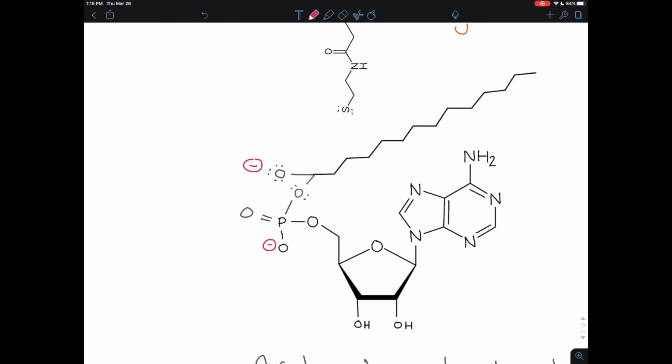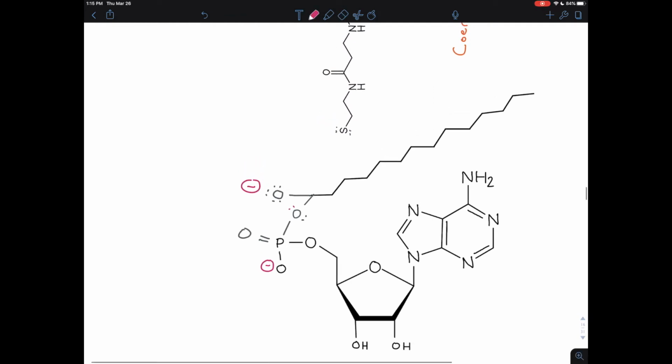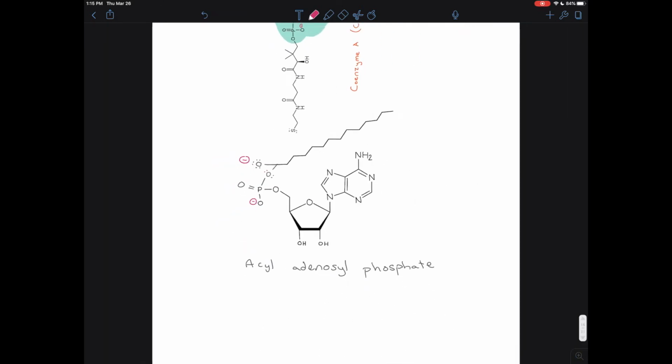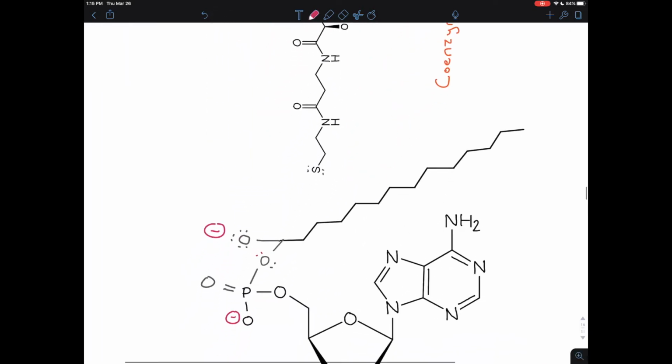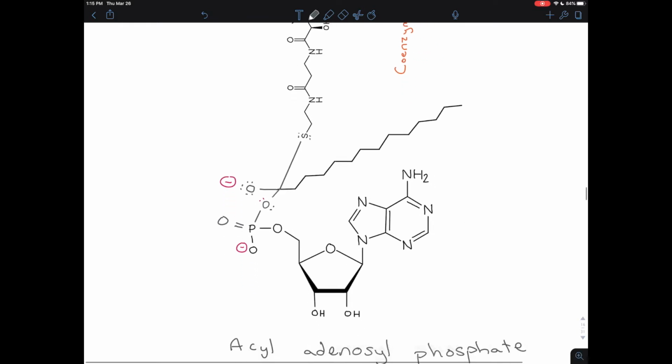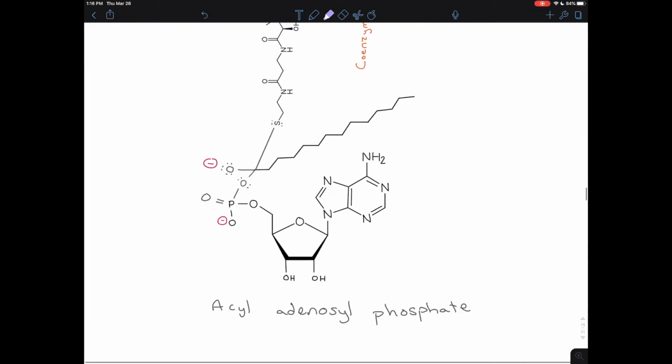And then the sulfur, with its 2 electrons, will be able to swoop in. This will just be a slightly awkwardly long bond, but there it is. So that is our new tetrahedral intermediate, right? This carbon is now sp3 hybridized and tetrahedral.